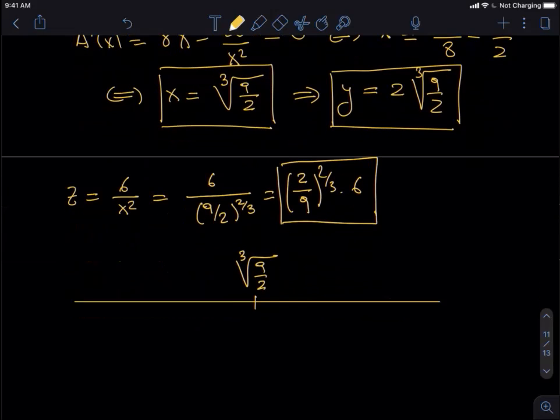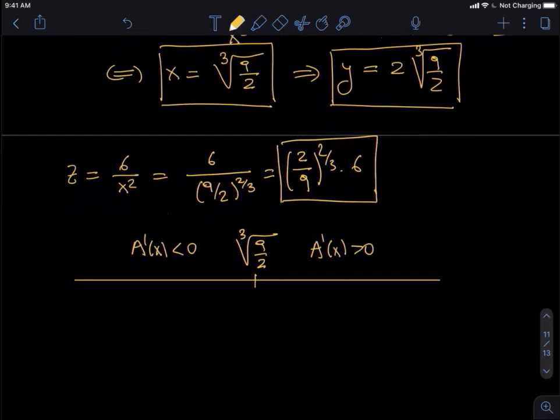Here we need to check that A prime of x is positive on the right and negative on the left, but we actually need to check it.